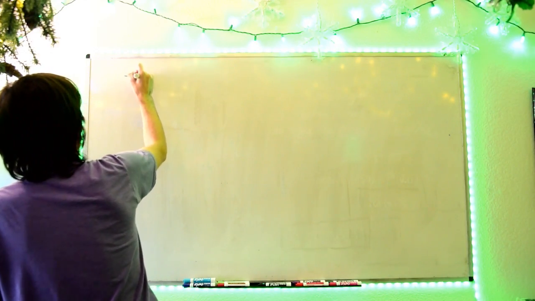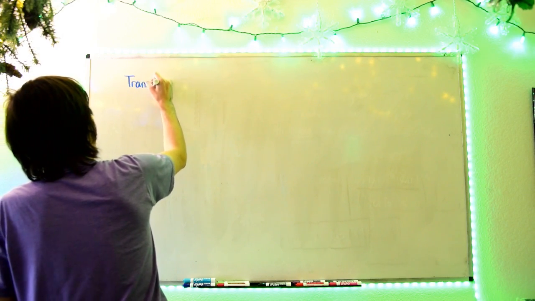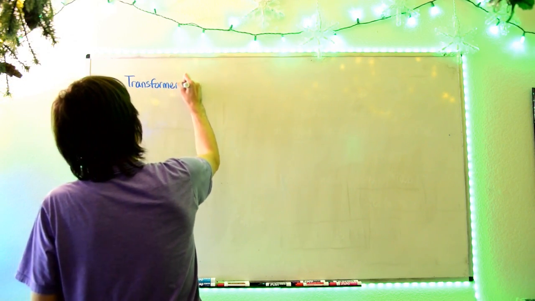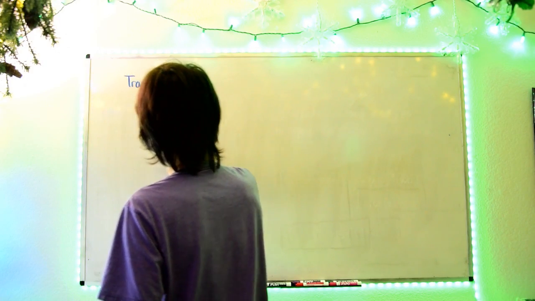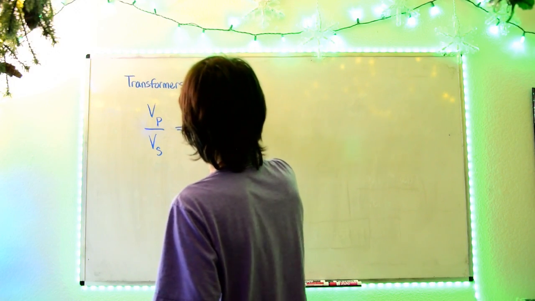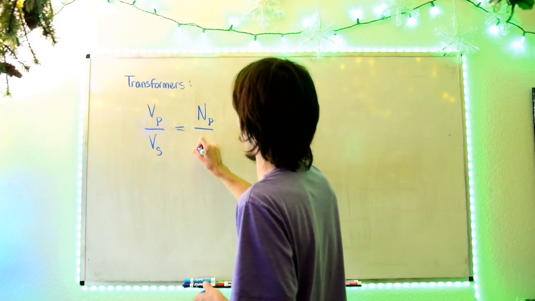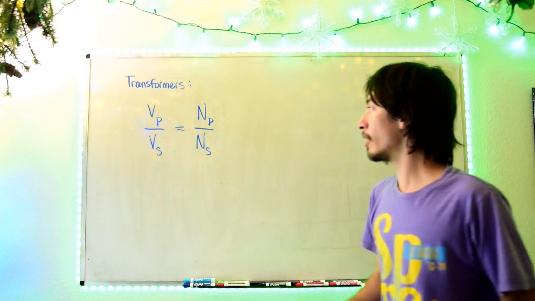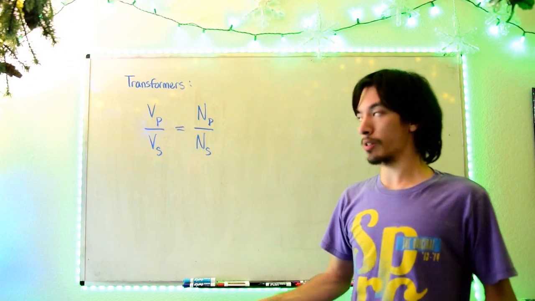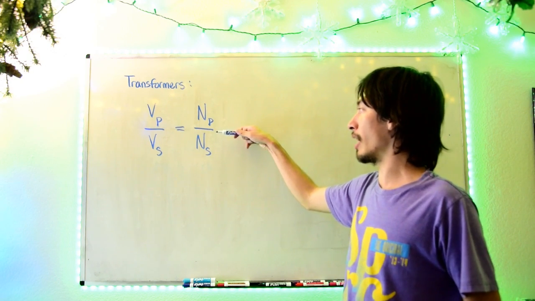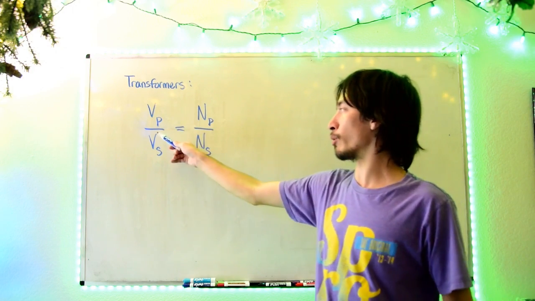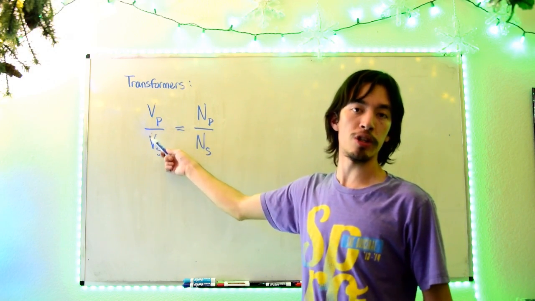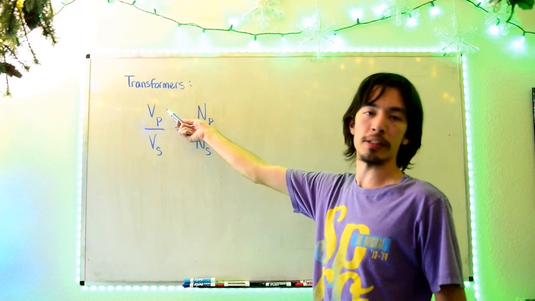So for transformers, you have that the voltage on the primary divided by the voltage on the secondary is the number of turns on the primary divided by the number of turns on the secondary. So in other words, because there are 10 times more coils on the secondary, the number on the bottom for the voltage should also be 10 times larger than the one on the top.